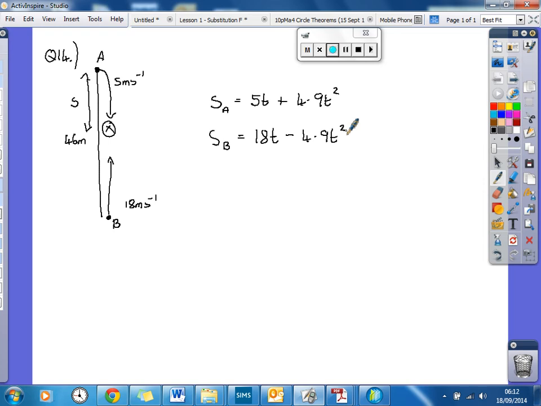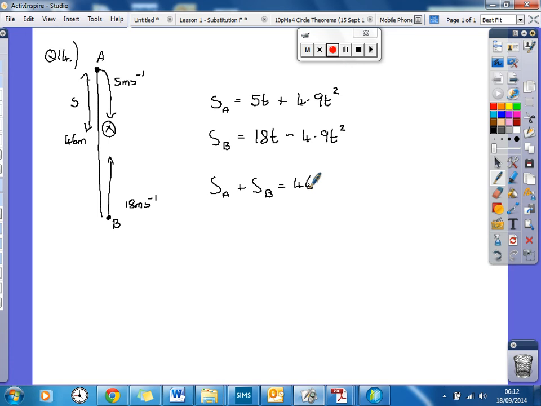Where they meet, the distance travelled by B and the distance travelled by A will equal 46. The entire tower block is 46. So the distance that B travels and hits A and the distance that A travels and hits B, those two distances added together will equal 46.